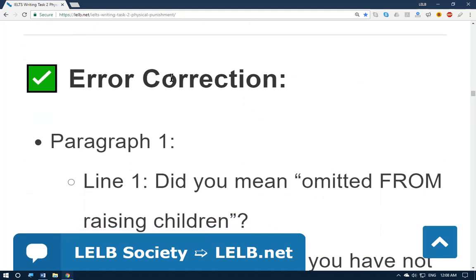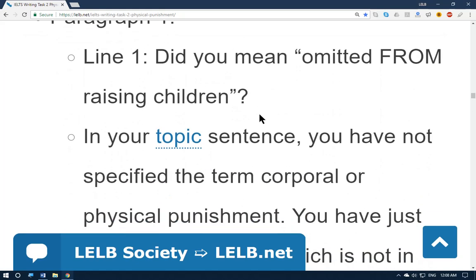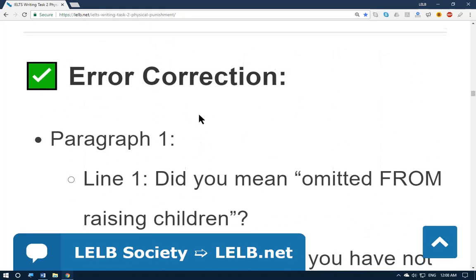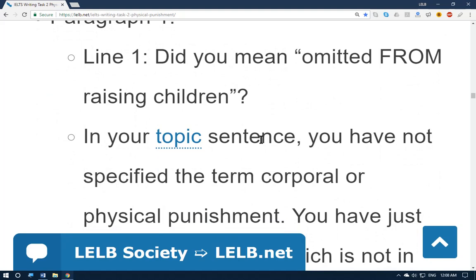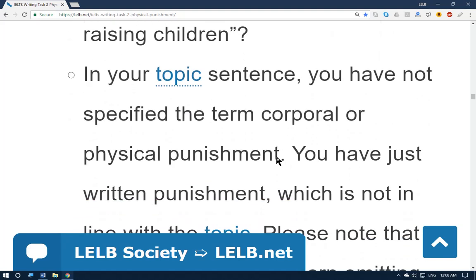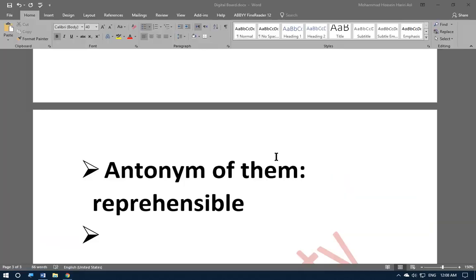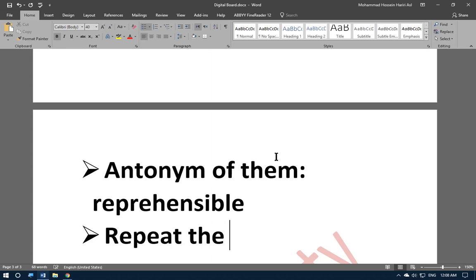So let me see, here is my analysis. In your topic sentence, you have not specified the term corporal or physical punishment, which is a key word. So pay attention to this point, that you need to sometimes repeat the key words.